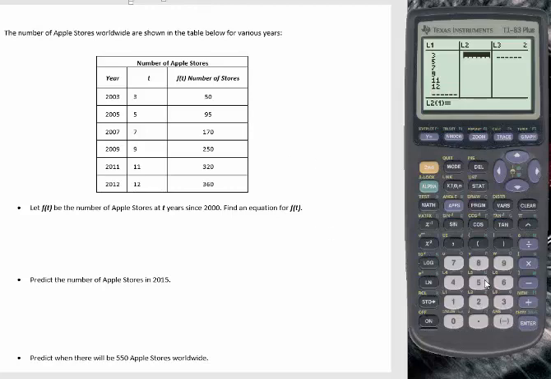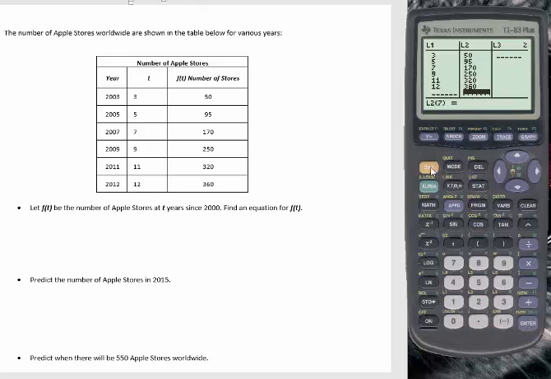Over in L2 is going to go the number of Apple stores, which is 50, 95, 170, 250, 320, and 360. I just want to verify that there's a linear relationship.